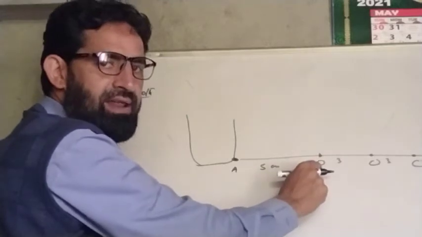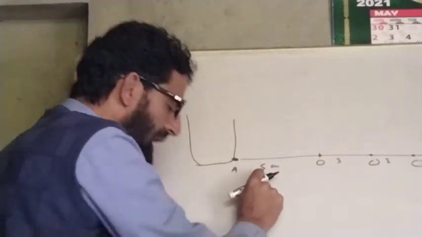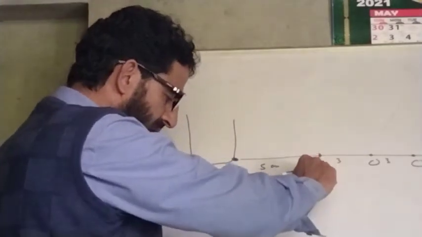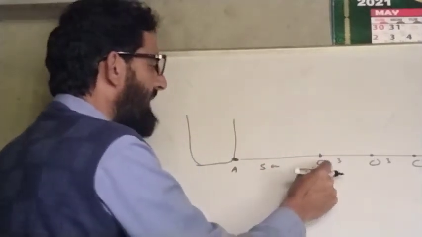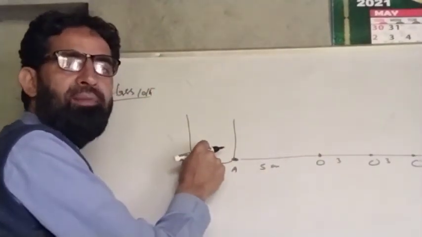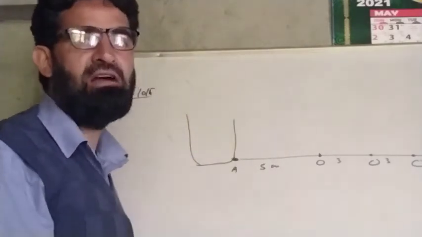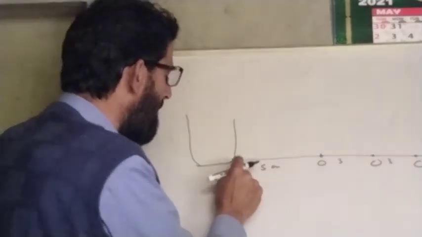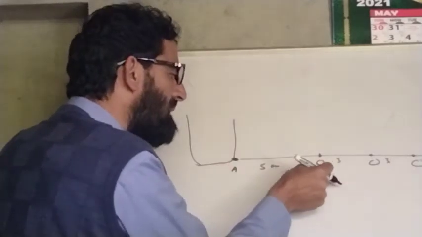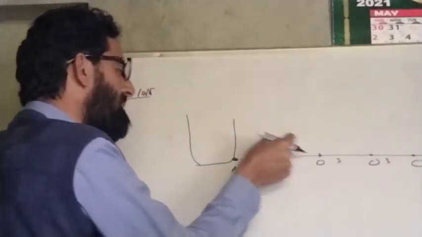That means he is covering how many distance? 5 meters. Then coming back and dropping this potato into the bucket. That means how much distance he is covering? From A he is starting, picking up the potato here and coming back and dropping.